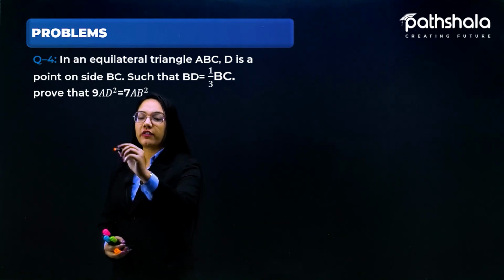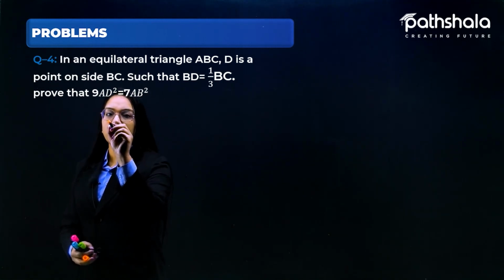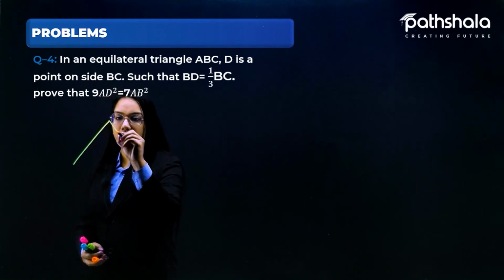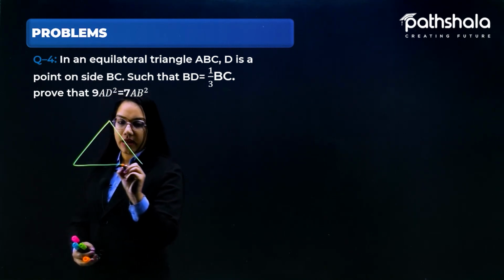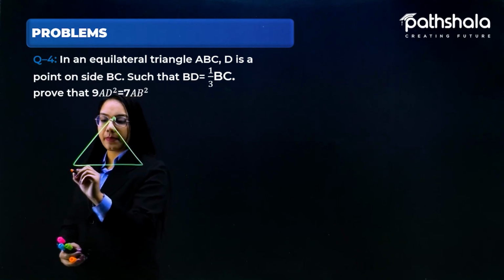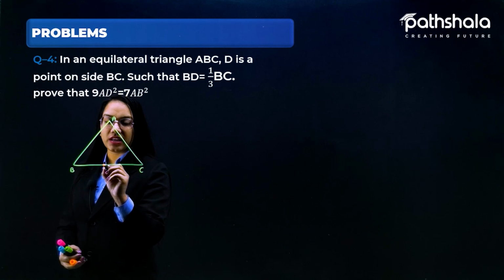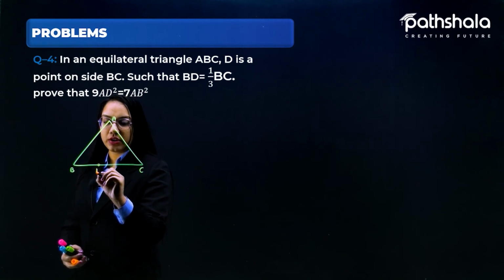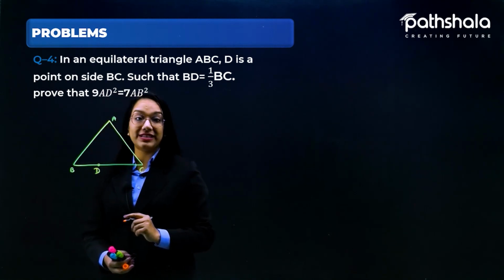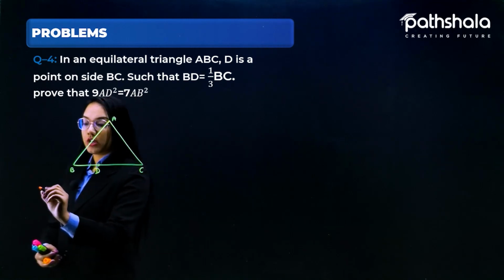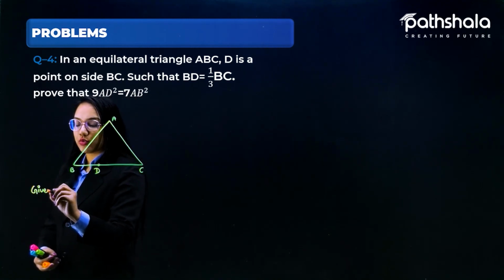So let us suppose if I draw this figure, we can see that this is an equilateral triangle, and I'm calling it A, B, C. Further it says D is a point on BC. So let us suppose there exists a point D on BC such that BD is equal to 1/3 of BC.